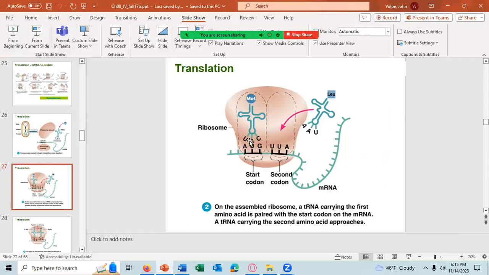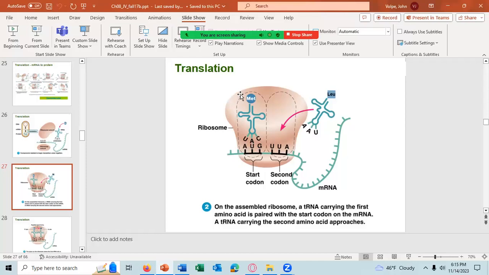The tRNA actually hydrogen bonds to the codon of messenger RNA. And so the anticodon, which is in the tRNA, will be UAC. You don't need to know that, but it hydrogen bonds to AUG.